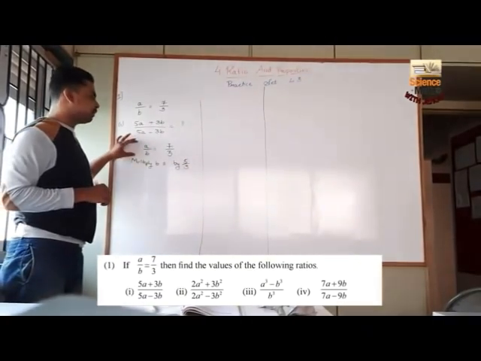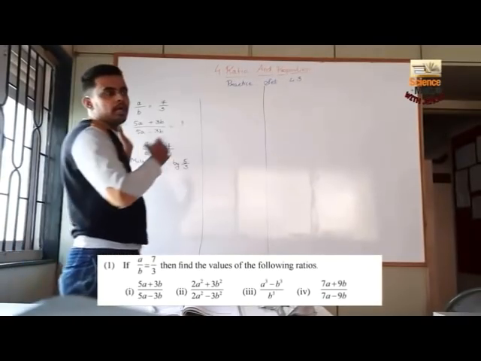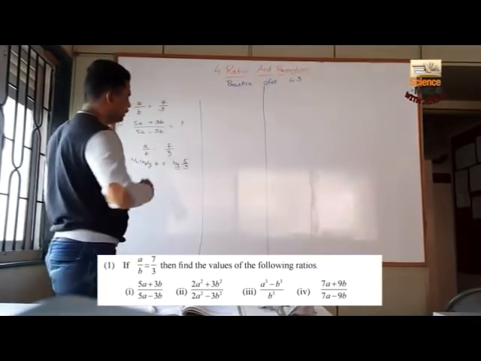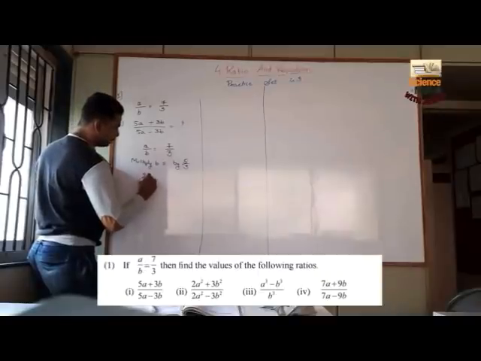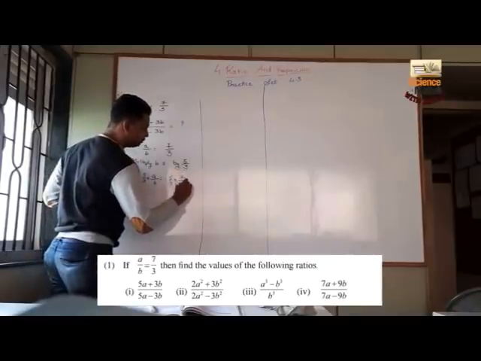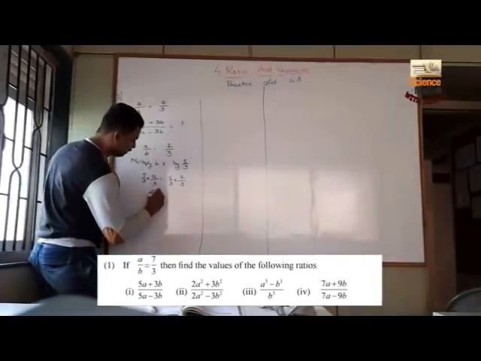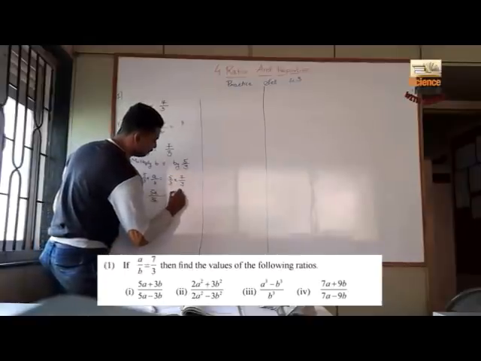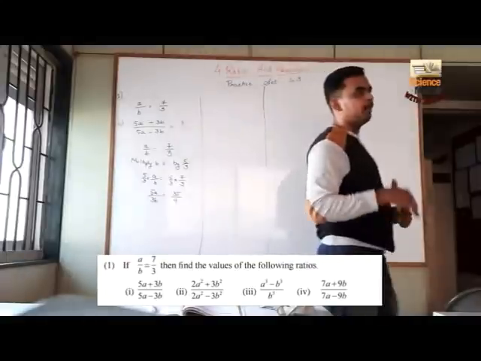Hence, whatever I do on the left hand side of the ratio happens to the right hand side of the ratio. So multiplying both sides by 5 upon 3, I get 5 upon 3 multiplied by a upon b is equal to 5 upon 3 multiplied by 7 upon 3. Solving all this, I get 5a upon 3b is equal to 35 upon 9. This is what I have for now.